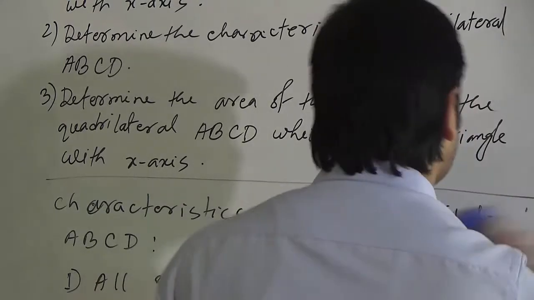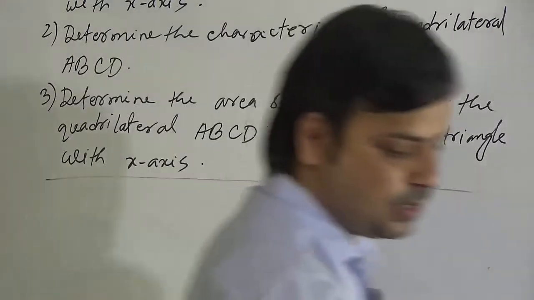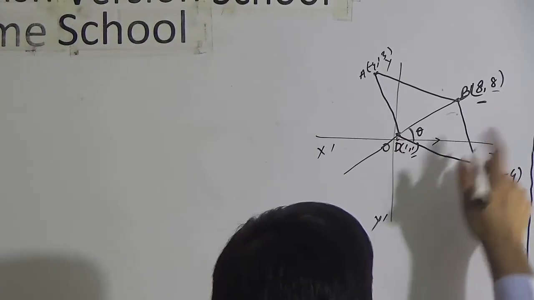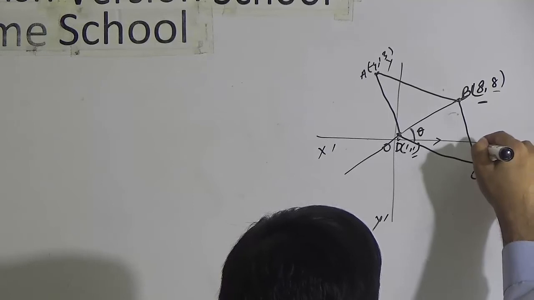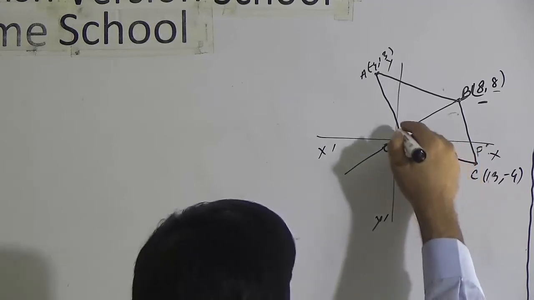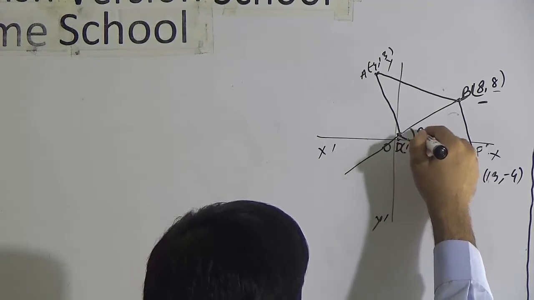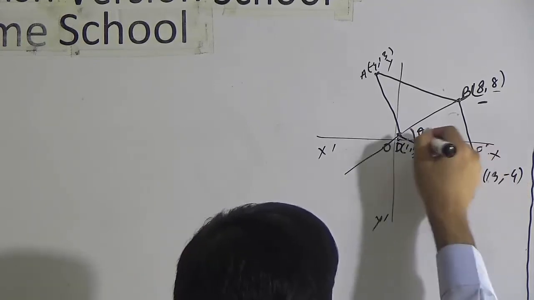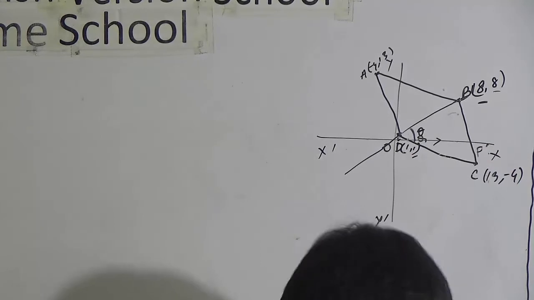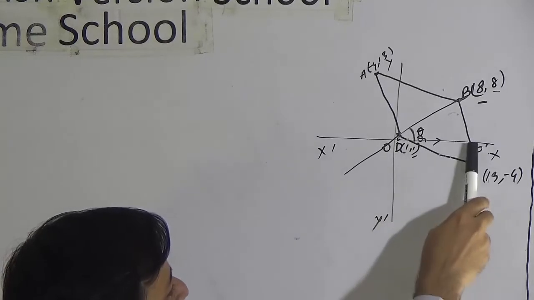Dear students, if you see the question properly, you will see that in the figure the line BC intersects the x-axis at P and CD intersects it at Q. Then you need to determine the area of the triangle PCQ, or you can say CPQ.